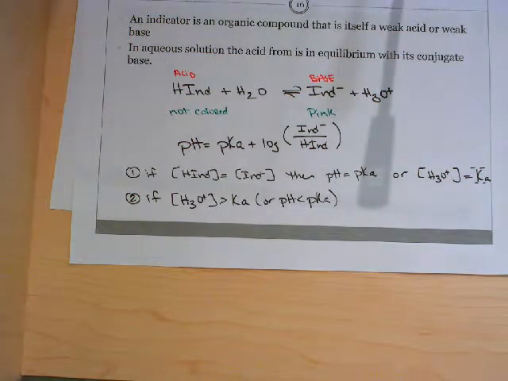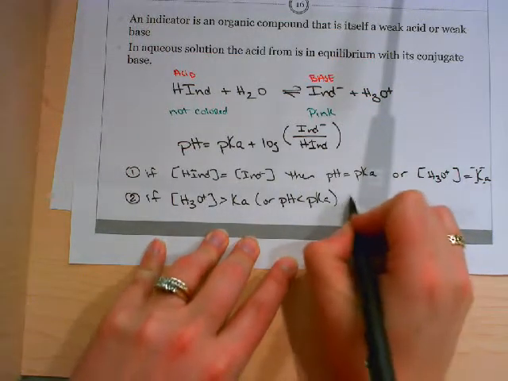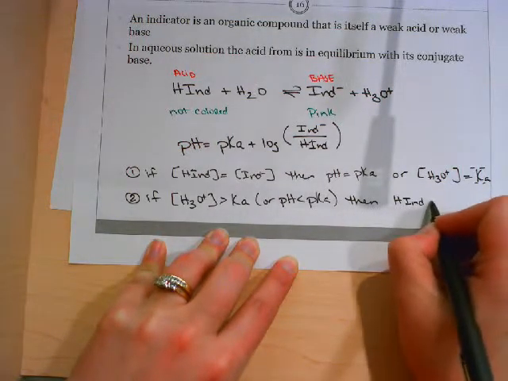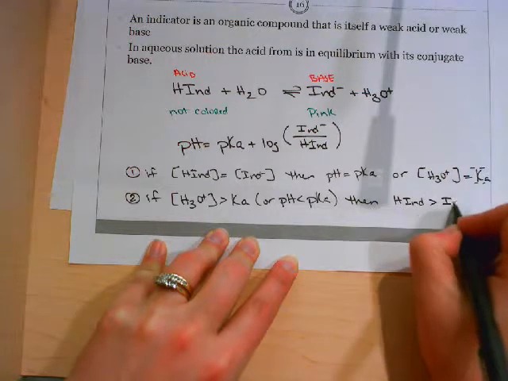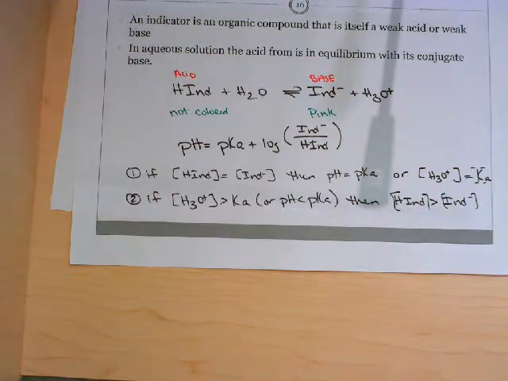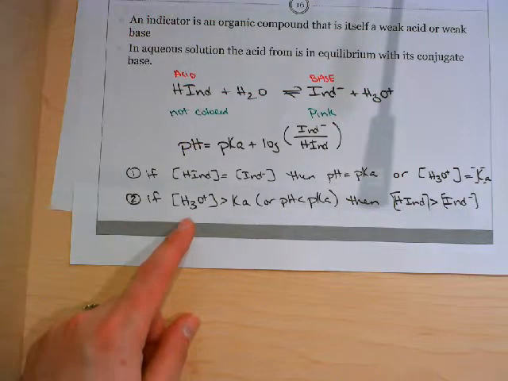If we're at a point where the pH value is less than pKa, right, so your solution is still very acidic. You've not added enough base.